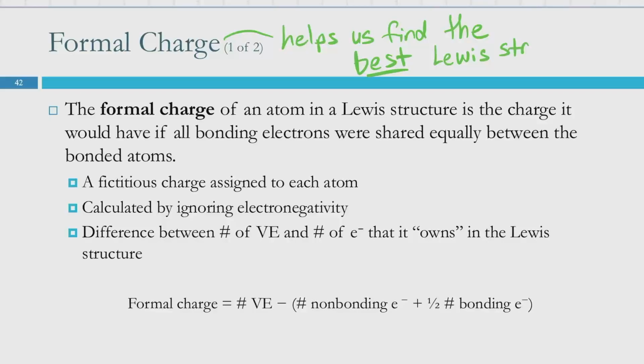This is also a simplification, so it's not always going to work, but generally it will work, and this is new to Chem 1. So the formal charge of an atom in a Lewis structure is the charge it would have if all bonding electrons were shared equally between the bonded atoms. So if you cut all of the bonds in half, half of the electrons go to the one on the right, half go to the one on the left, what would the charges on those atoms be?